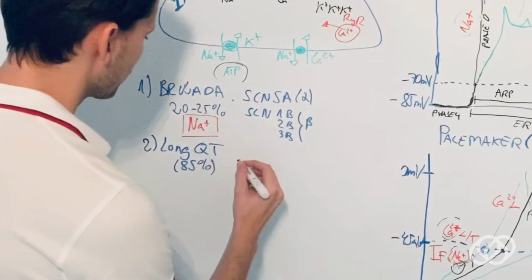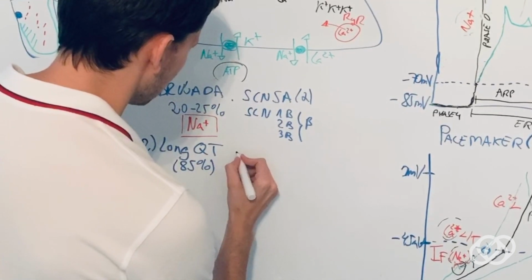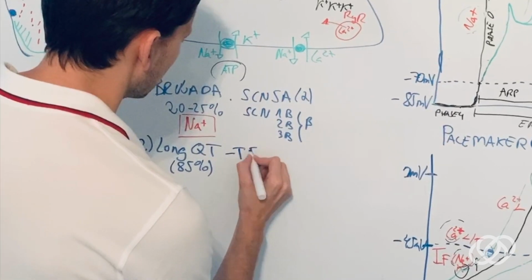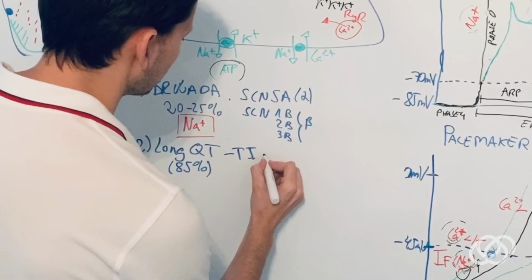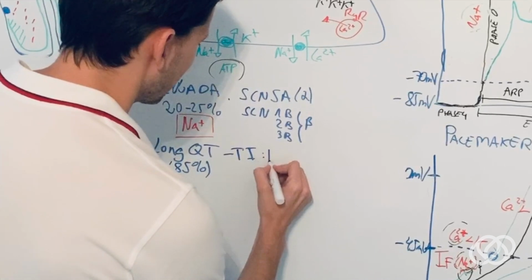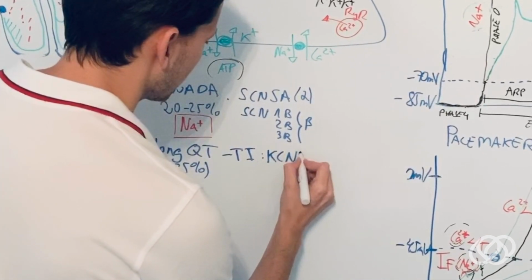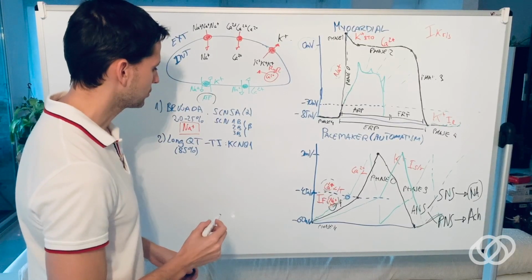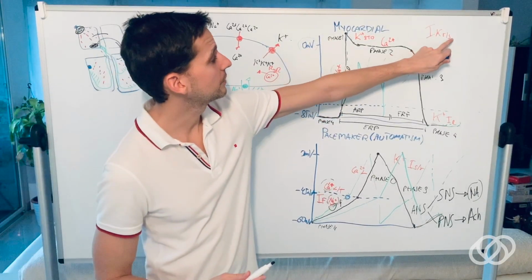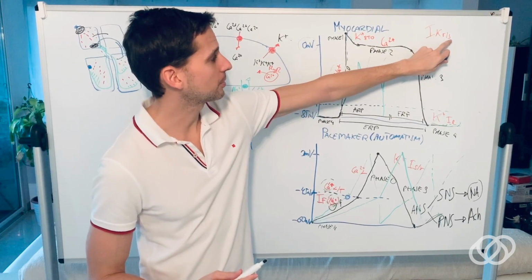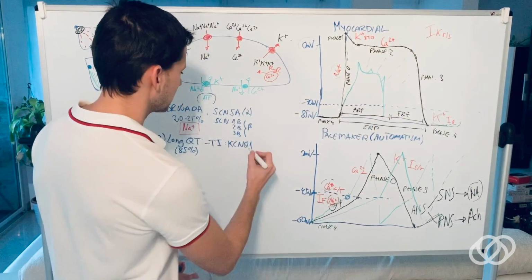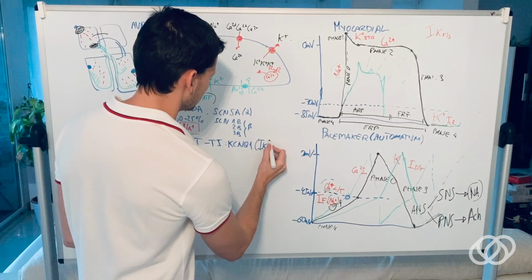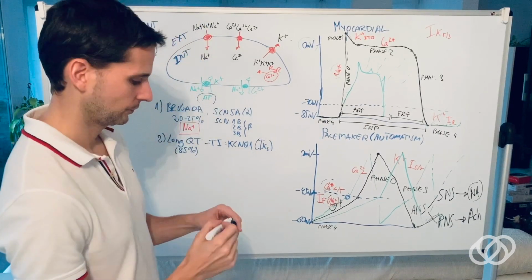Usually type 1 is codified by the gene KCNQ1. This usually codifies the protein of this channel, the IKS potassium channel.